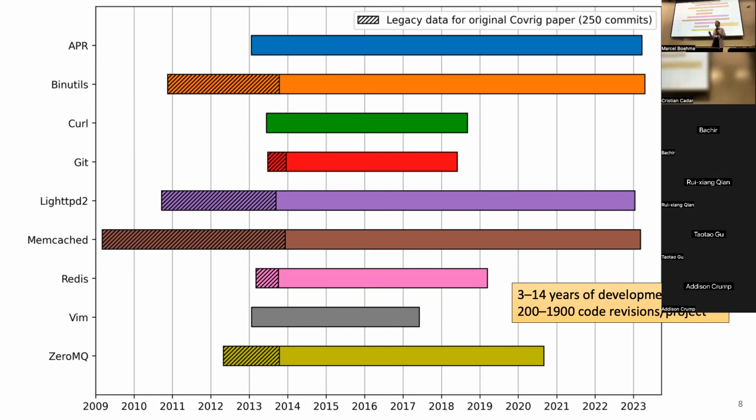And instead of looking at 250 revisions, we look at 2,500 revisions, so a factor of 10x. And because of different development styles and other reasons, we ended up looking at these time frames that you can see here.